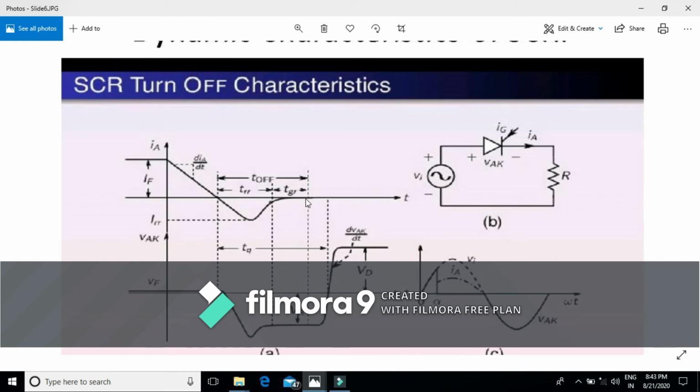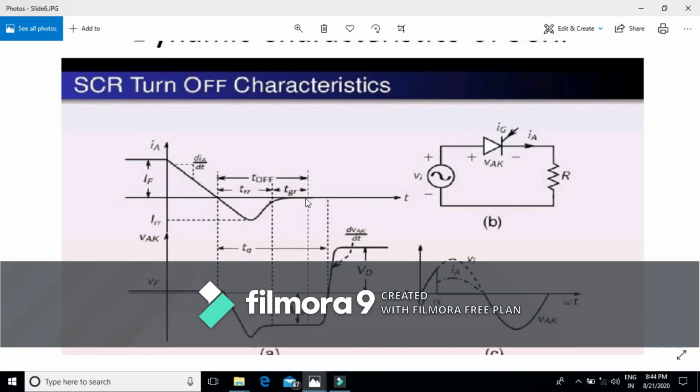That means the more the forward current, the more charge carriers there will be, and the more time it will take to throw them away from the outer layers or to recombine in the inner layers. It also depends on the junction temperature, and an increase in either of these two factors increases the thyristor turn off time.